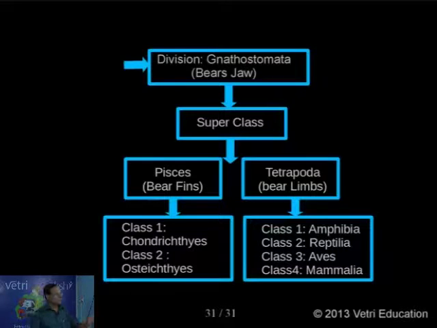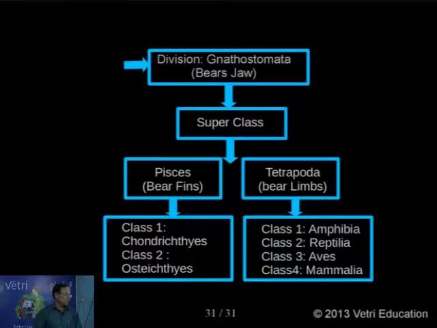One is the superclass Pisces, the fishes, which have paired fins for locomotion. And another group, Tetrapoda, animals walking with 4 legs, that is why they are called tetrapods. This group includes animals having 4 limbs for walking or for any other work.